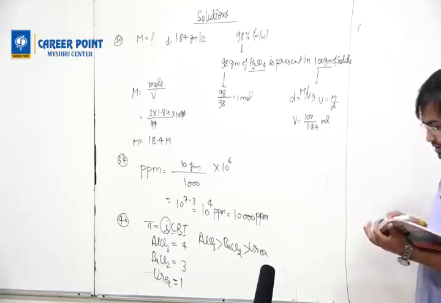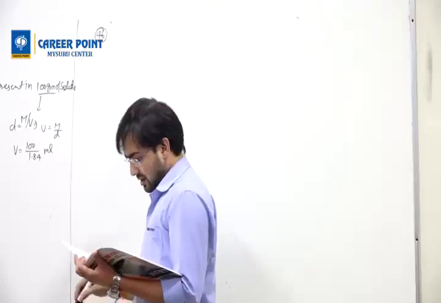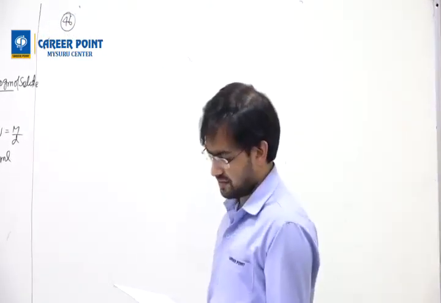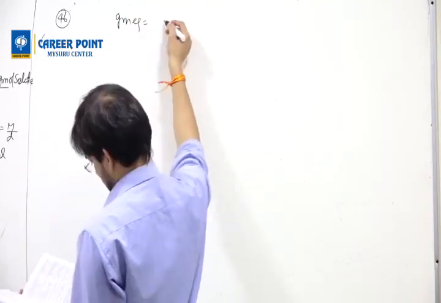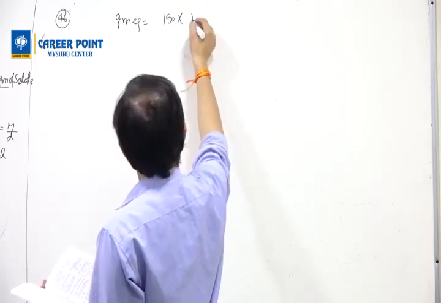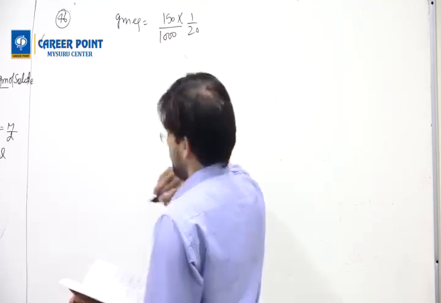Question number 46. How many gram of HCl present in 150 ml of, that is easy. So we'll find gram equivalent. Gram equivalent means what? 150 into 1 by 20 divided by 1000.